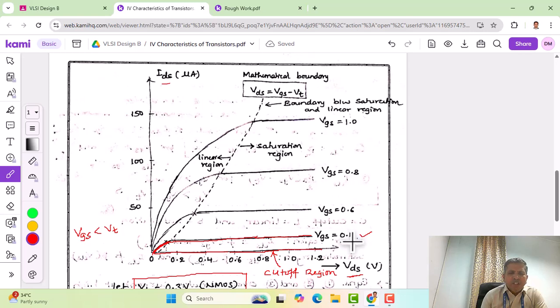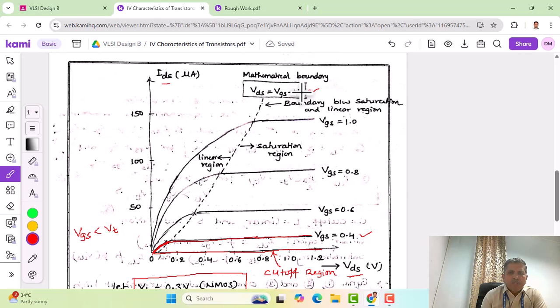Now we will estimate at what point the saturation region commences. As we know, this is the equation, VDS equals VGS minus VT. This equation gives you the mathematical boundary between the linear region and the saturation region. We already know VGS as 0.4 volts.